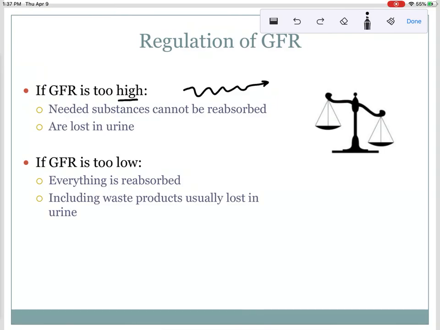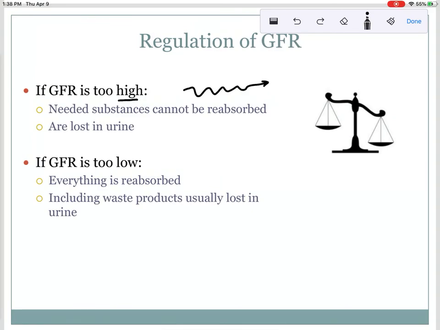And if the filtrate moves too quickly through the tubules, we're not allowing enough time for the tubules to reabsorb good stuff back into the bloodstream. So if we filter too fast, what could happen is we push filtrate through too quickly and we lose a lot of good products in the urine.